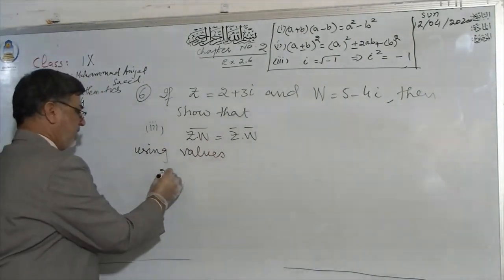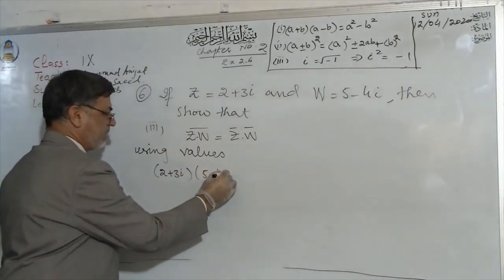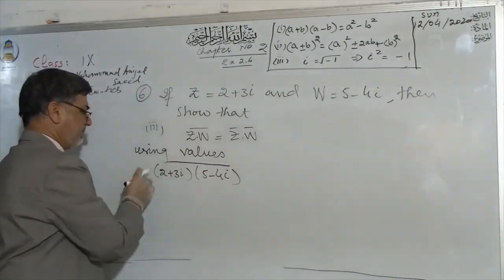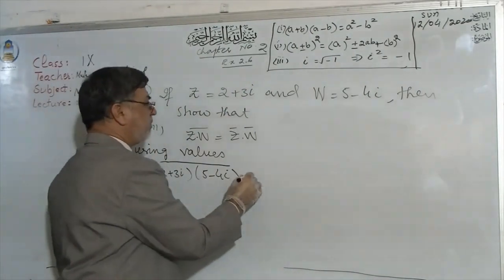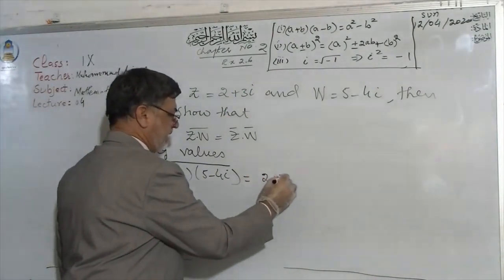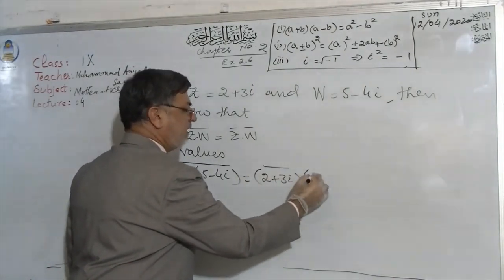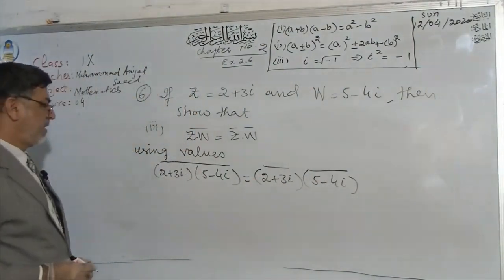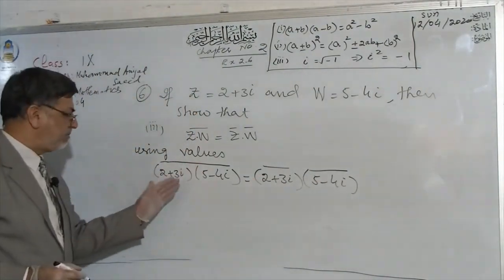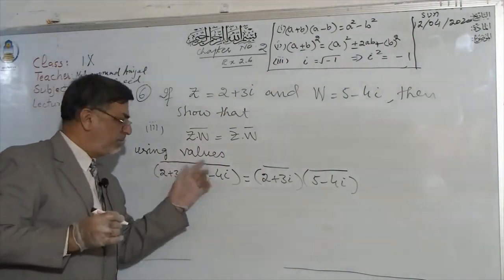(2 plus 3 iota) into (5 minus 4 iota) whole bar is equal to (2 plus 3 iota) into (5 minus 4 iota) with separate bars. First of all, you multiply these numbers, then apply the bar.